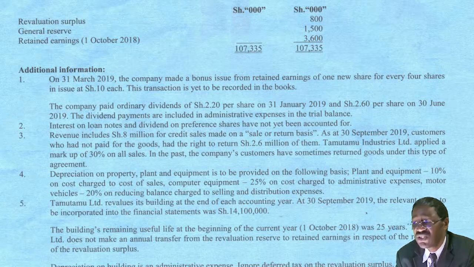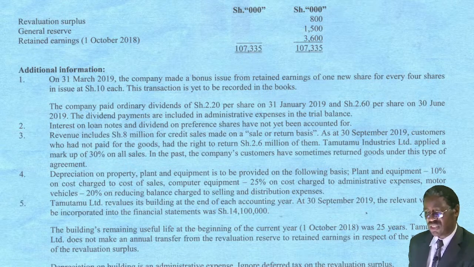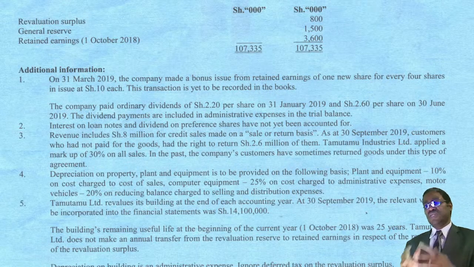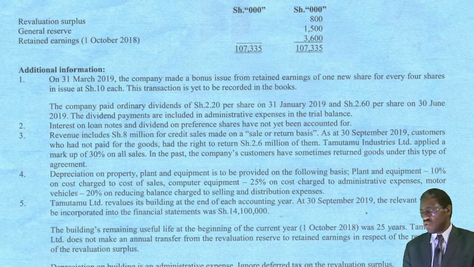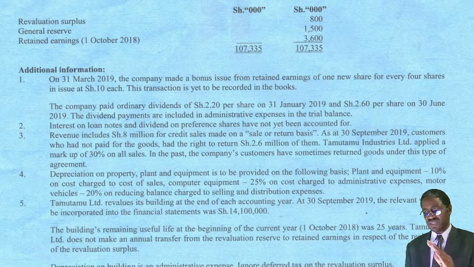So let me talk about it. I did last time, but because of the fresh students, let me talk about it now. Listen. This company normally sells some of their goods on a basis we call sale or return basis. So they are telling us, under note number 3, the revenue includes shillings 8 million credit sales.